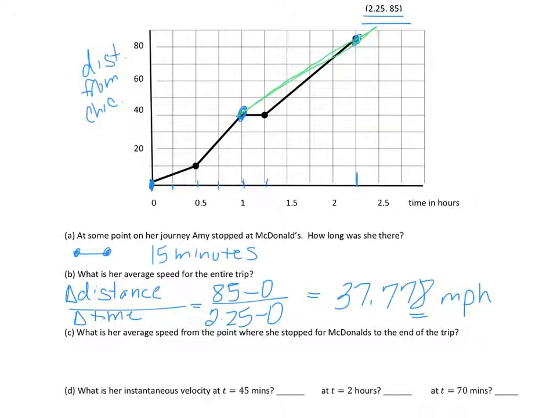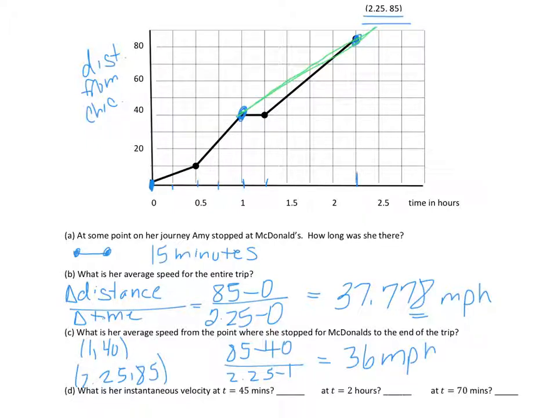So my points were (1, 40) and then (2.25, 85). And I'm finding the average speed, so I'm taking the slope of that green line, so I'm going to do the same thing, but now I don't have 0, I have 85 minus 40 over 2.25 minus 1, and I would get, when you type that in, 36 miles per hour was her average speed.